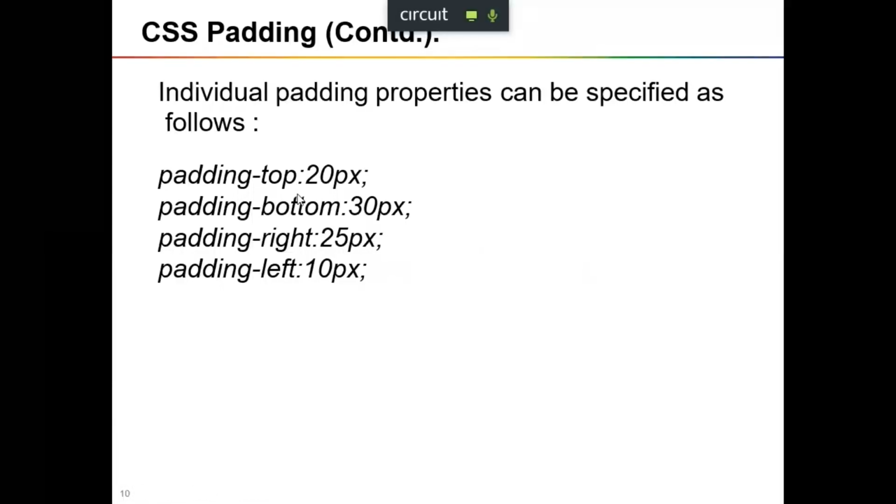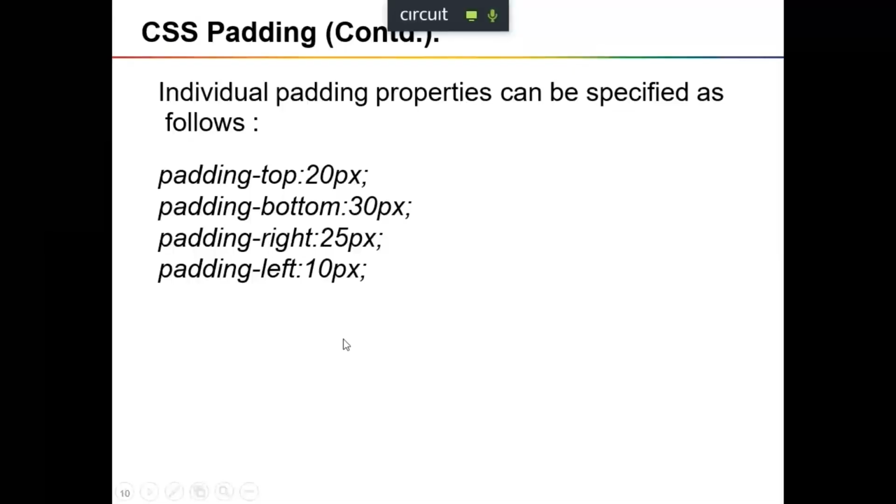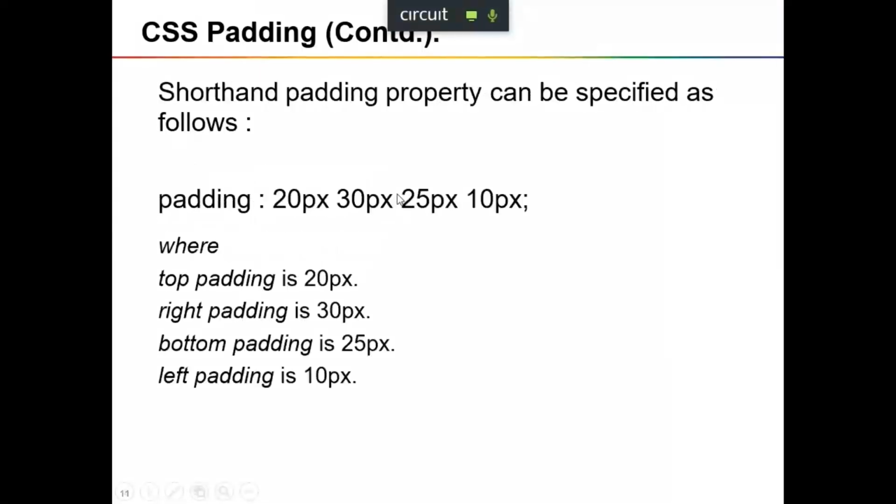So these are the properties that we can implement to implement padding for a particular content. Similarly, you can implement these like this, first top, then bottom, then right, and then left. Or you can implement in this sequence also.